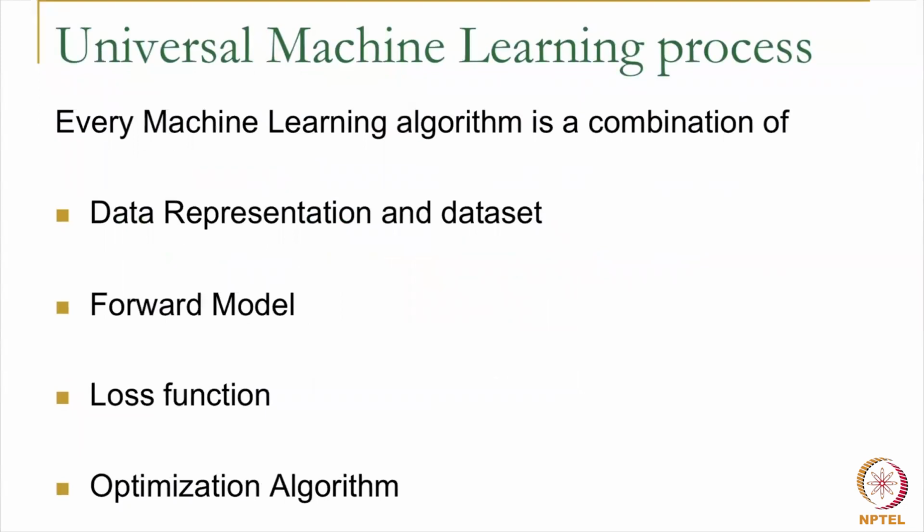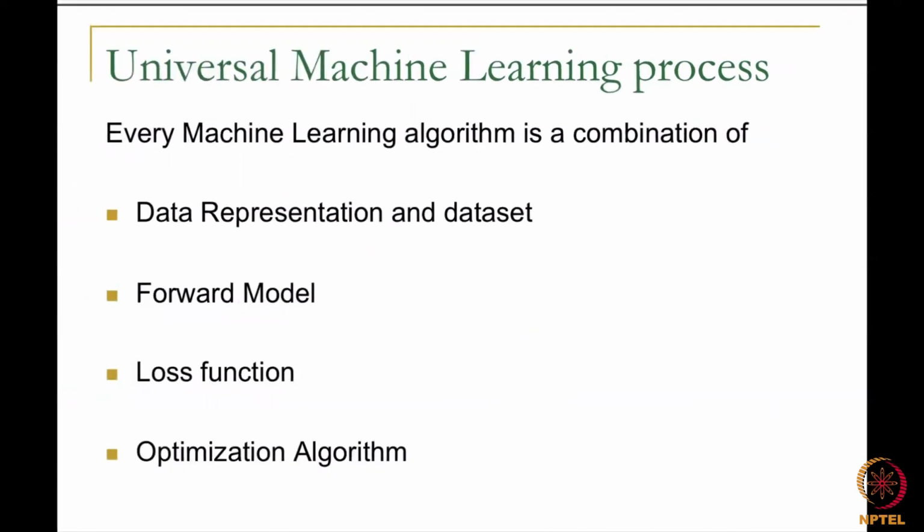Now, there is a universal machine learning process that you will notice within everything that we discussed this week. I had briefly mentioned this in the previous week also, but the basic ingredients of any ML model are these 4. Okay, so you get new machine learning algorithms by simply changing various portions of this recipe.